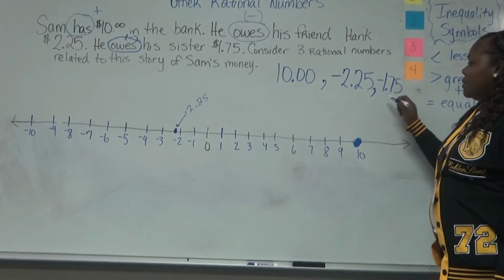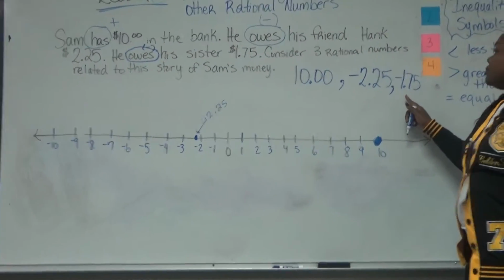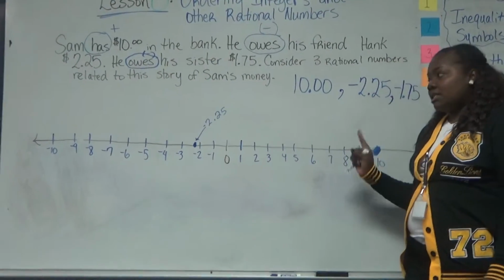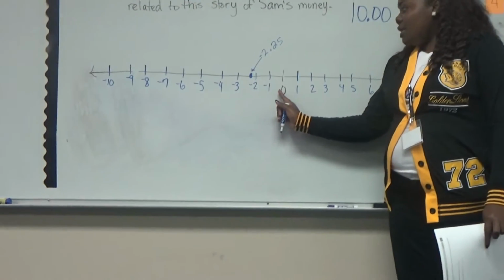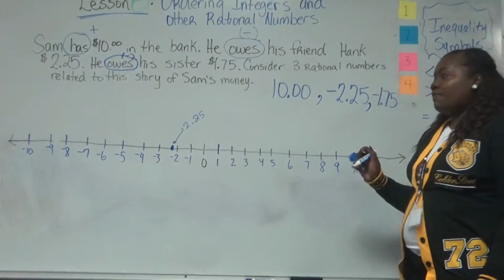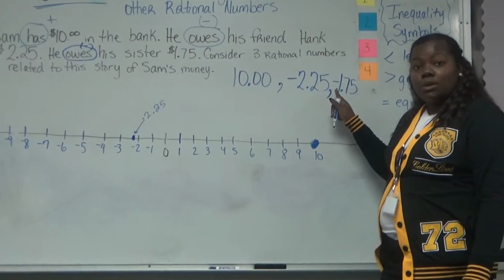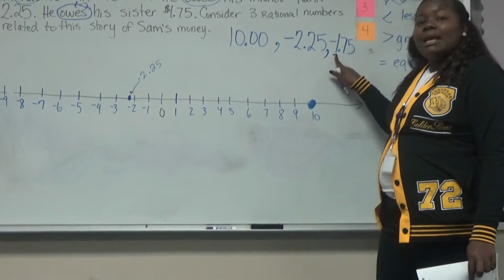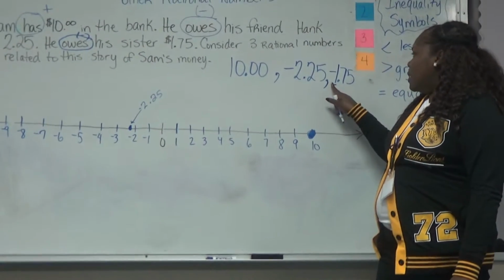The last number that we have to put a dot on is negative 1.75. That means I need to go towards my negative numbers, which is to the left. What number would that fall between? 1 and 2. Here's how you know what number it falls between. You look at the first number that you're trying to plot, which is a 1. So I know it has to be between this number and the next number that comes after it.